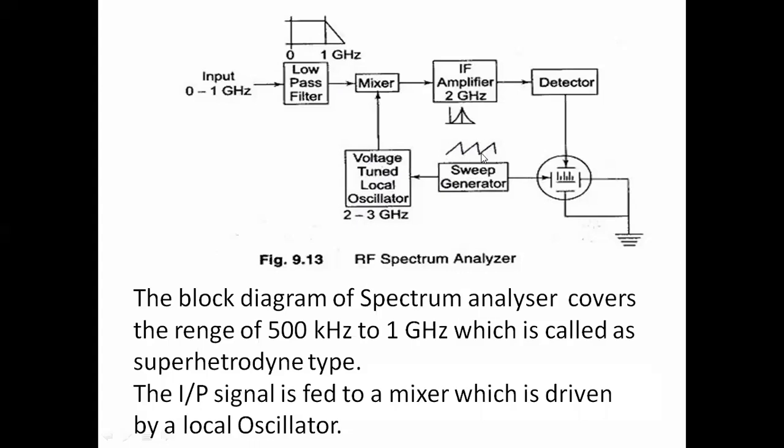Based upon this applied voltage, the local oscillator generates 2 to 3 gigahertz range oscillator signals, and those signals are sent to the mixer.